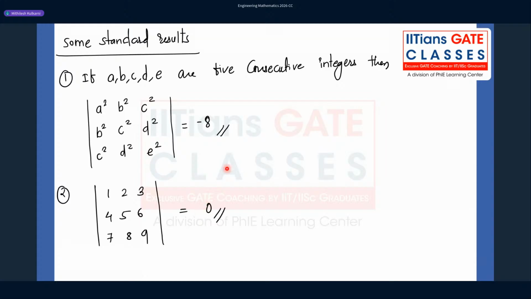So if a, b, c, d, e are consecutive integers and they are written this way, then its determinant is -8.